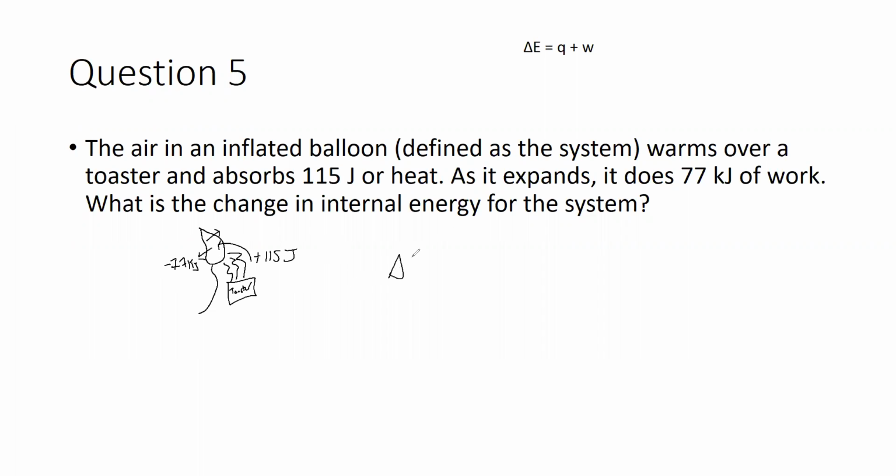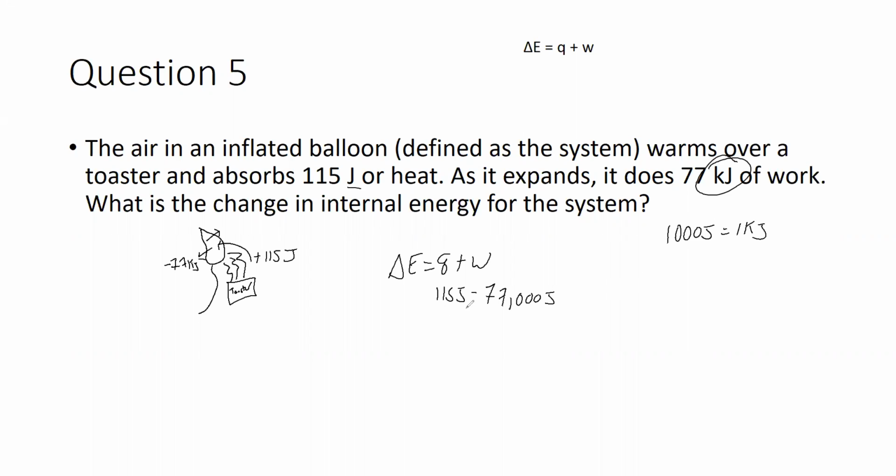So delta E equals Q plus W. So 115 joules minus 77,000 joules. Remember, a kilojoule is different than a joule. There are 1,000 joules for every 1 kilojoule.